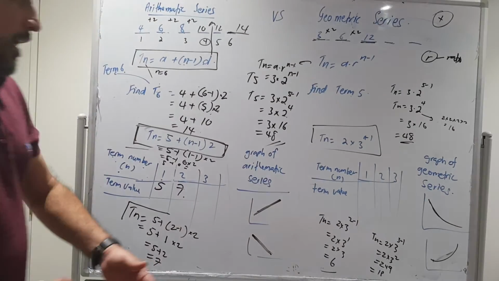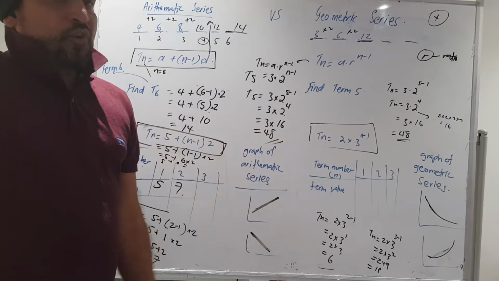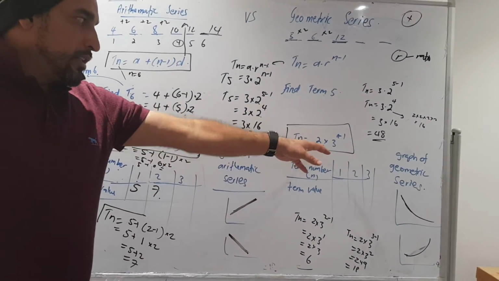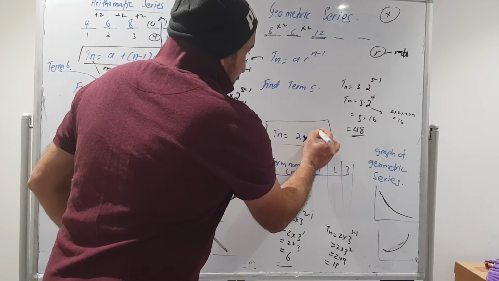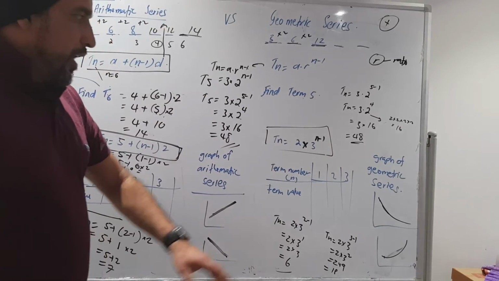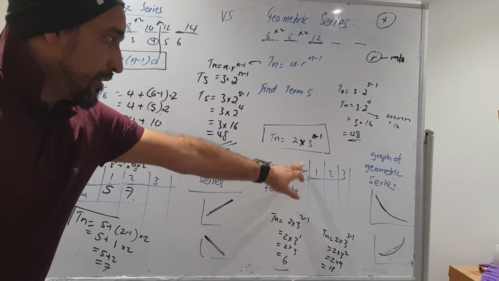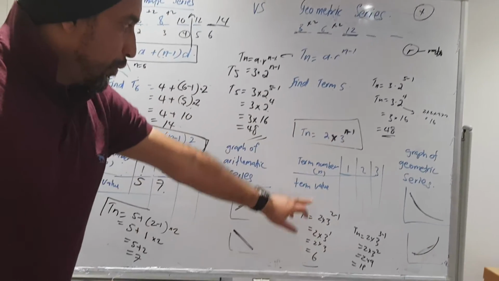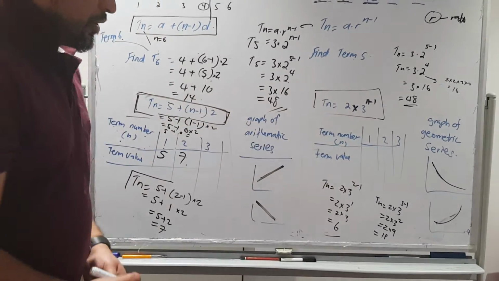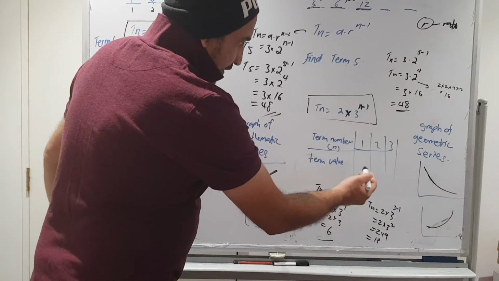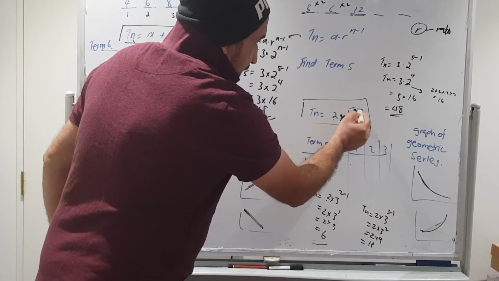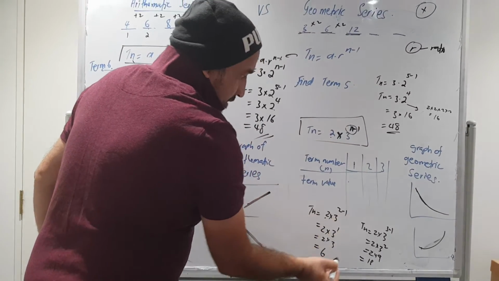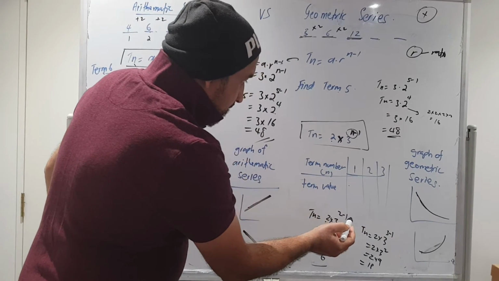If I give you a general formula, Tn equals 2 times 3 to the power of n minus 1, the term number is given as 1, 2, 3, and we have to find the term value. So just apply it.